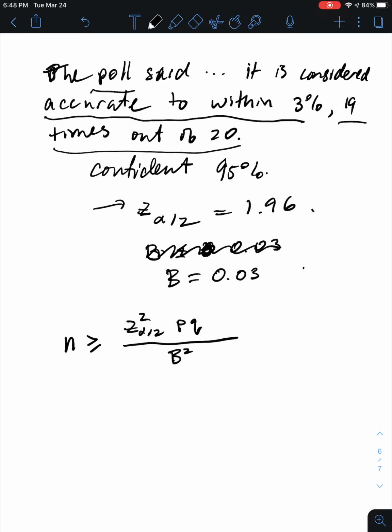We have Z, we have B. What we're lacking is P and Q, but my suggestion to you earlier is that we max out P at 0.5 and Q at 0.5, right? So that gives the maximum value for PQ.